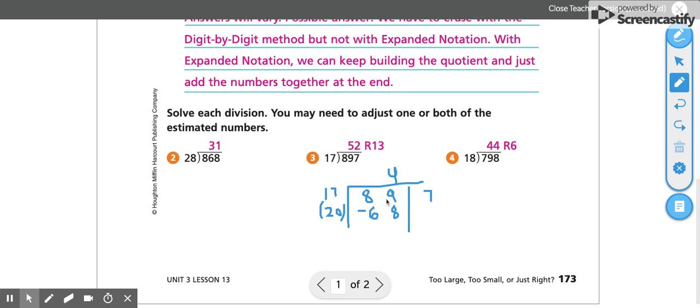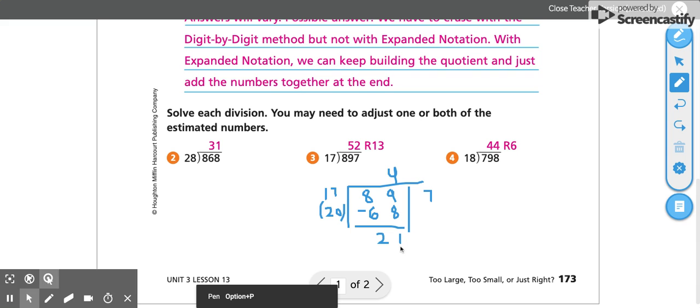So 9 minus 8 is 1. And 8 minus 6 is 2. All right. So I've got my 21 there. And now I'm going to say, okay, how many of these 20s go into 21?